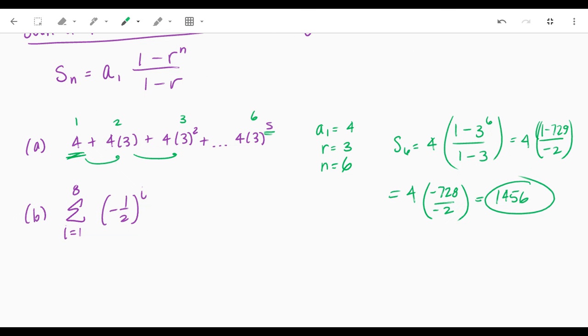For our next one, the first term, if I were to plug a 1 in, I would have negative 1/2. Okay, the ratio between terms is negative 1/2. And I have 8 terms.